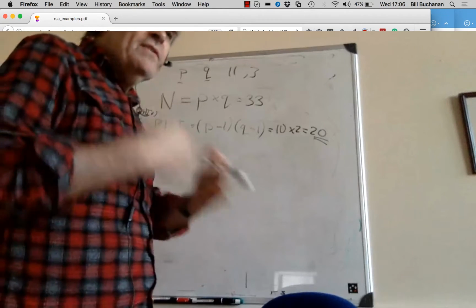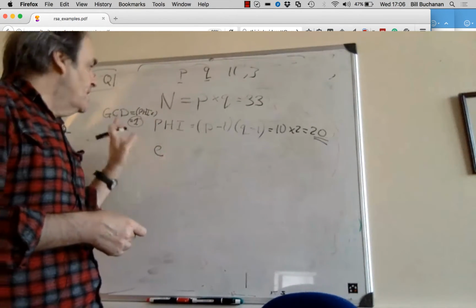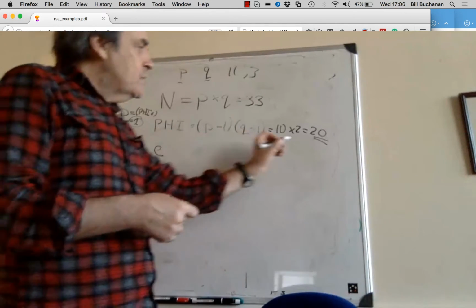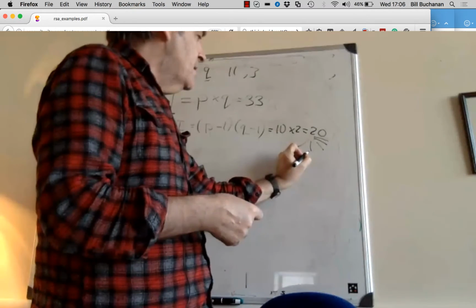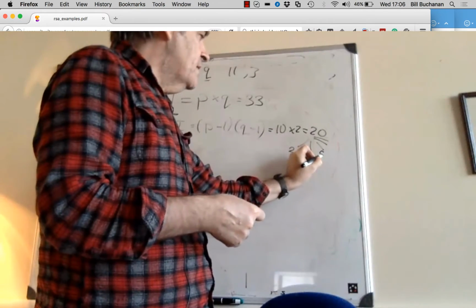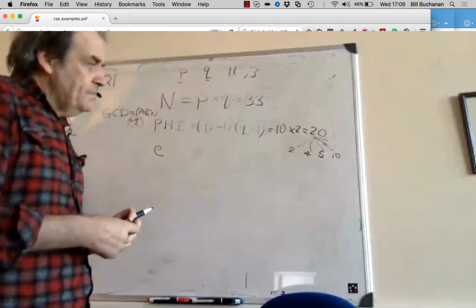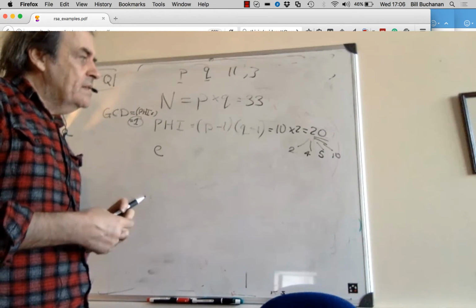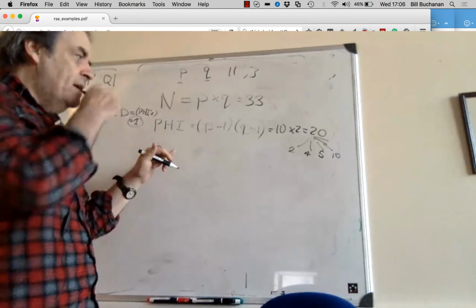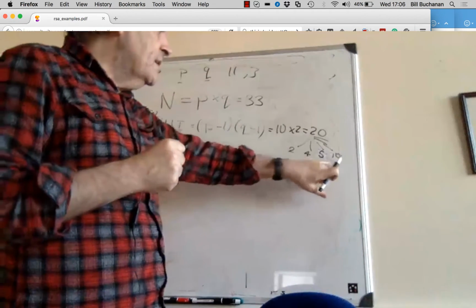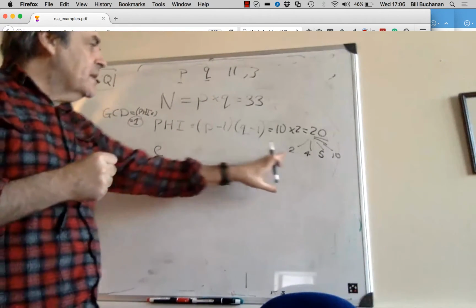So the largest value that's a common factor between phi and E is 1. Within phi we can have factors 2, 4, 5, 10 and so on.